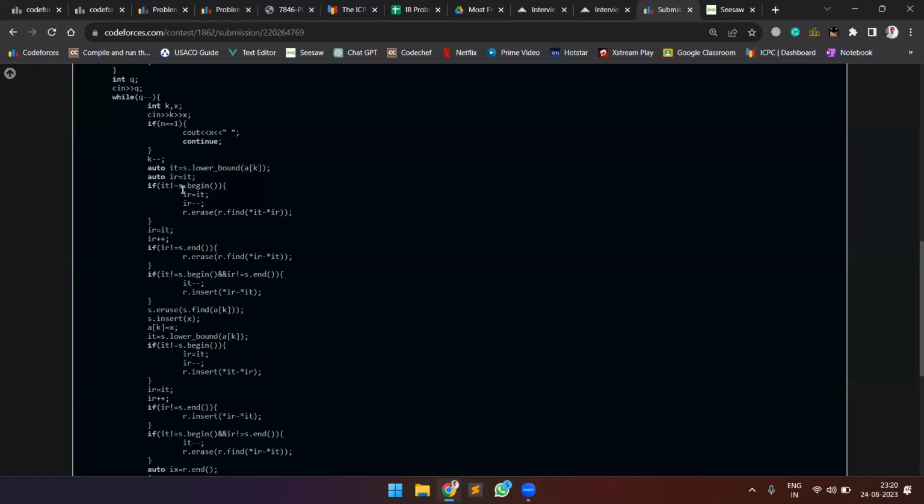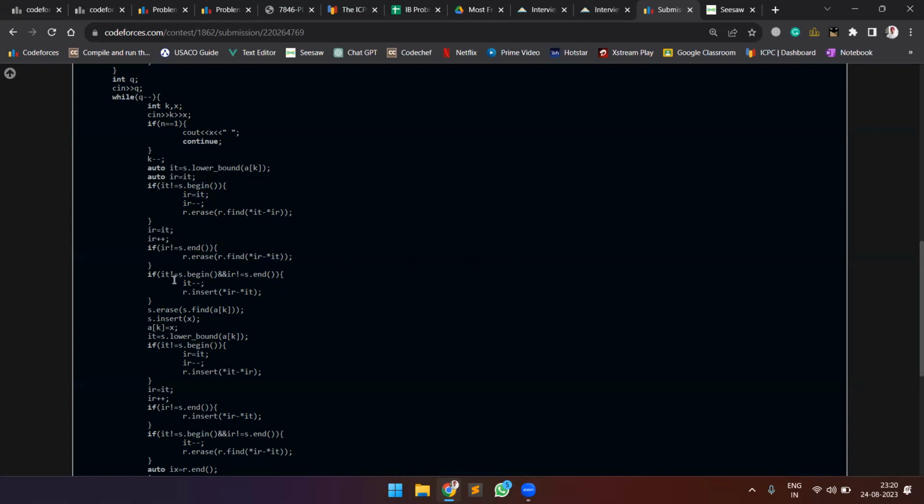I have to remove it. So basically I have to take the previous iterator. I check that it isn't the beginning iterator of the multiset. If it isn't, I can take the previous iterator and erase the difference. Then I check the iterator which comes next, and remove that also.